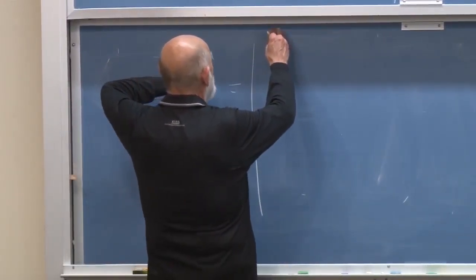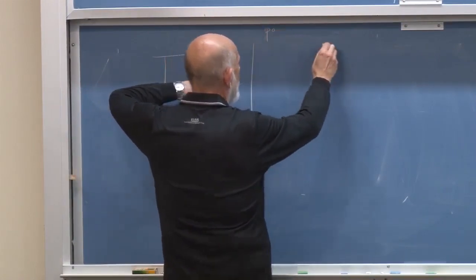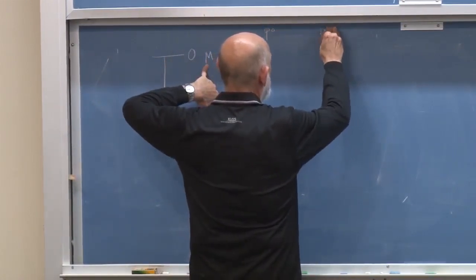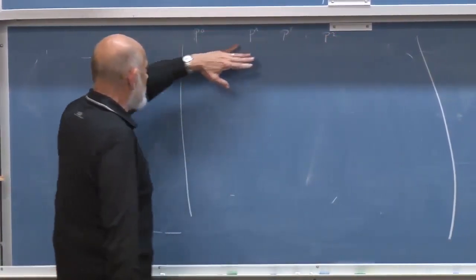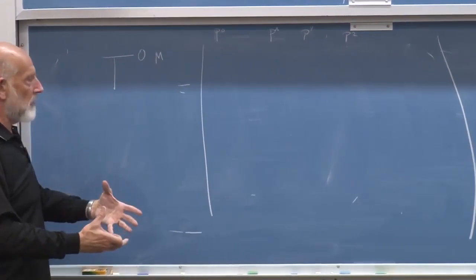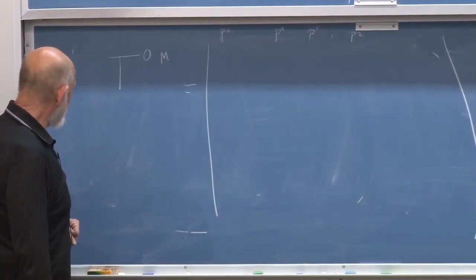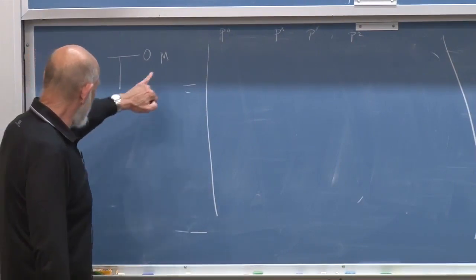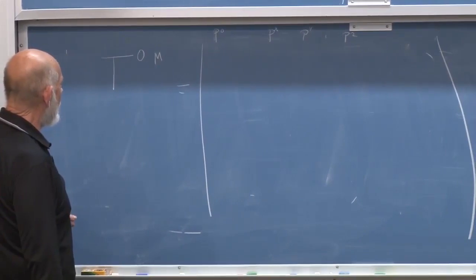This is energy, let's call it P naught, and Px, Py, and Pz. These are the quantities whose density we're talking about.